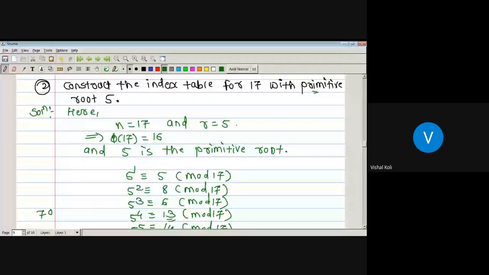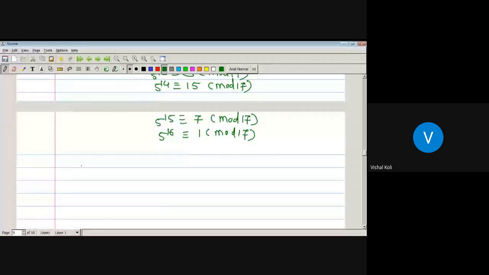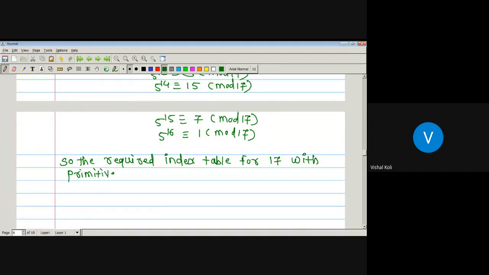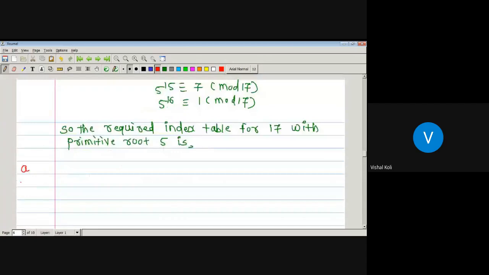So here we have to stop the procedure. So the required index table for 17 with the primitive root 5 is: take here the values of a, and the index of a with primitive root 5.